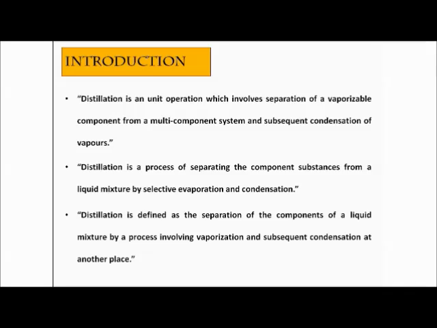Condensation at another place means, first of all, we need to heat up the mixture, suppose that is X. Once we have heated the mixture X, different components will vaporize at different temperatures: A will vaporize at one temperature, B at a different temperature, C at a different temperature, and subsequently the others. Now their selective condensation can be done at different places, just by taking the vapor from the equipment. That's it. Okay.